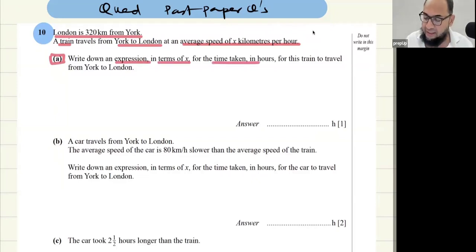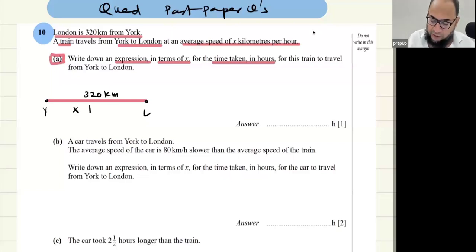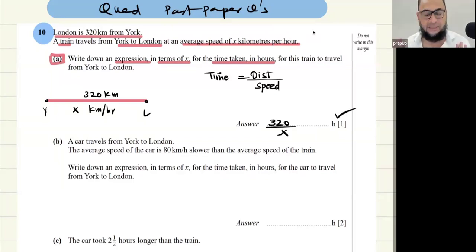For the time taken in hours for this train to travel from York to London. Now this is York. This is London. The distance is 320 kilometers. The speed is x kilometer per hour. We know that time is distance divided by speed. Distance is 320, speed is x, unit is already written for you. As simple as this.